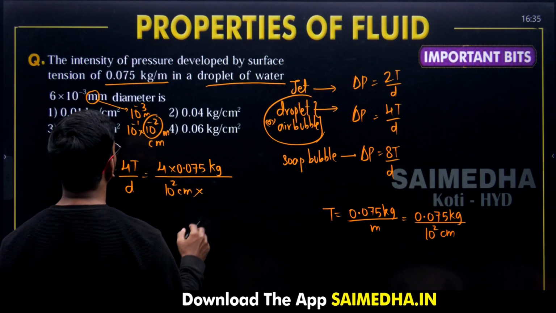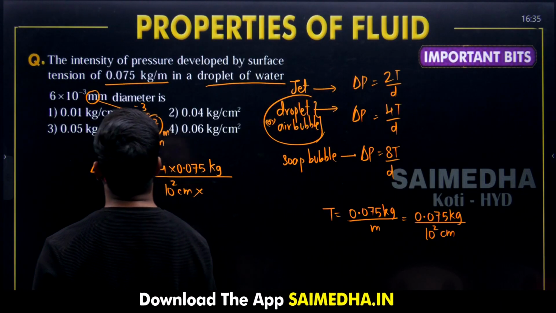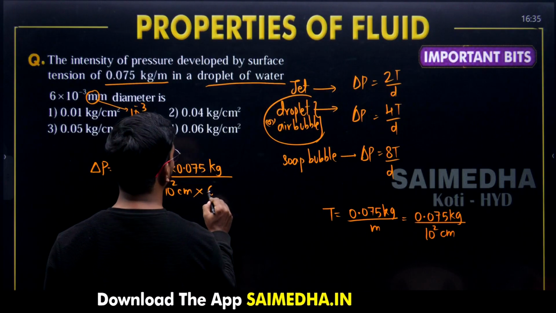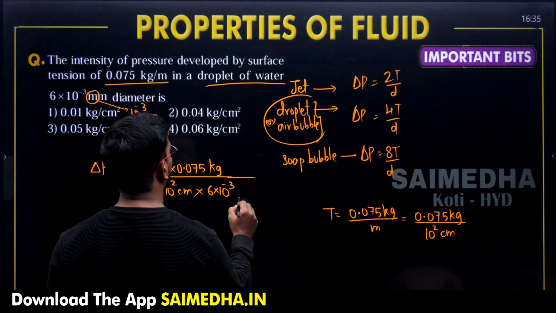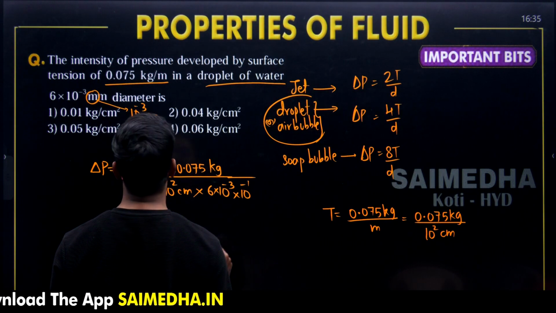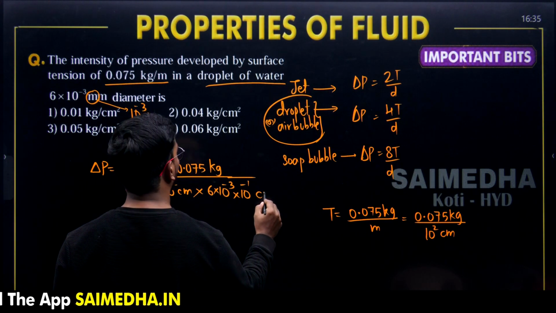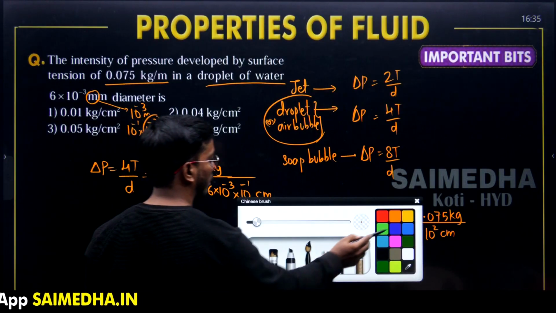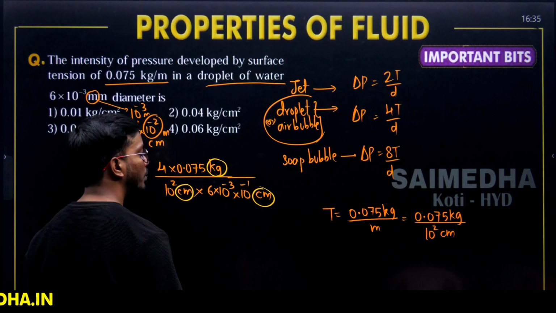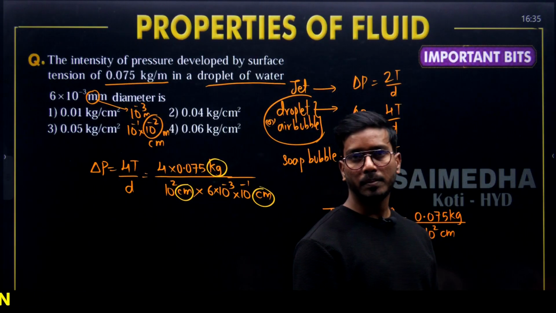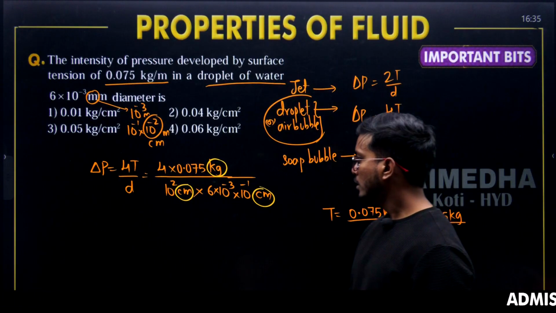Now the diameter is how much? The droplet of water diameter is 6 into 10 to the power of minus 3. This is mm. I required centimeters, so 10 to the power of minus 1. Now it is going to become centimeter. So now these units are kg, centimeter, centimeter. This will become kg per centimeter square.